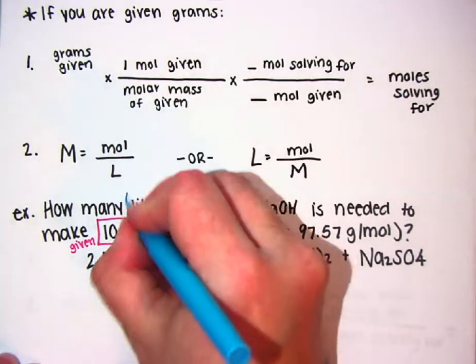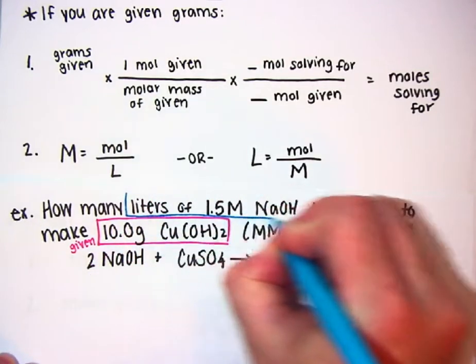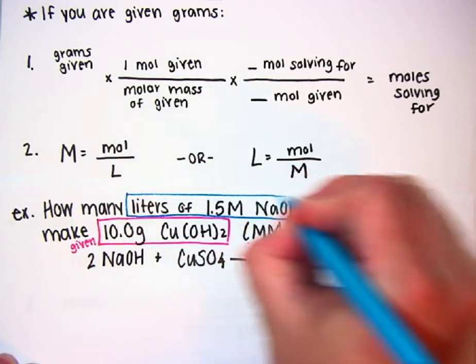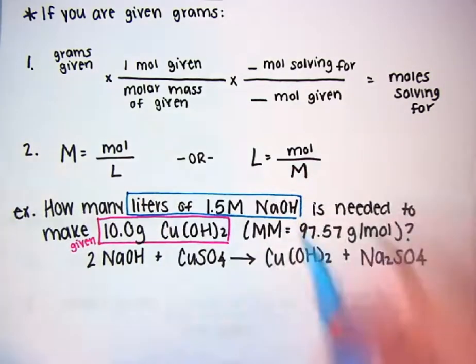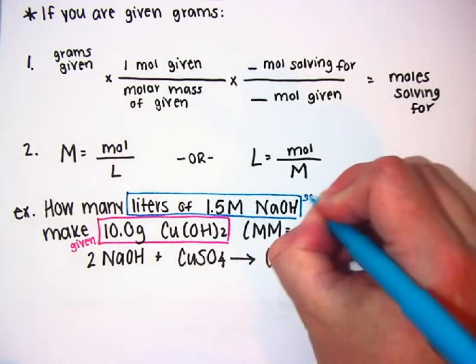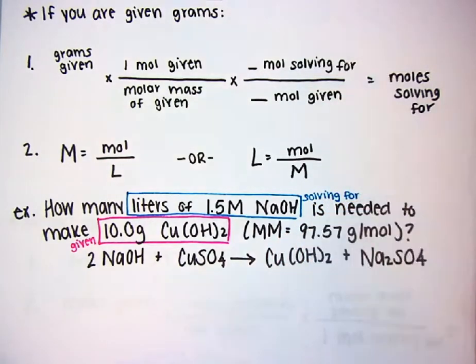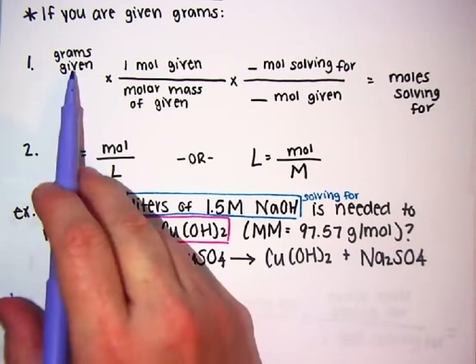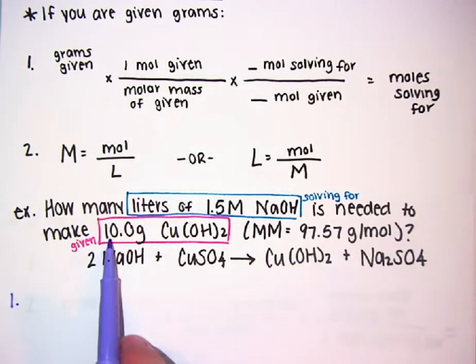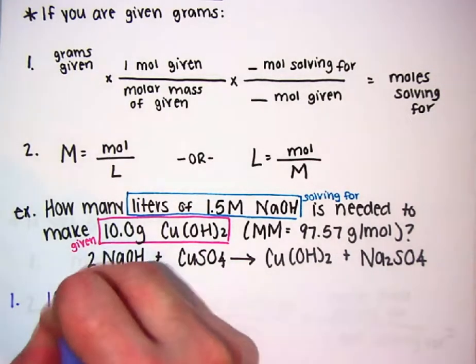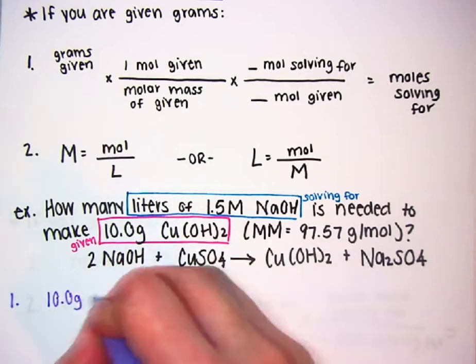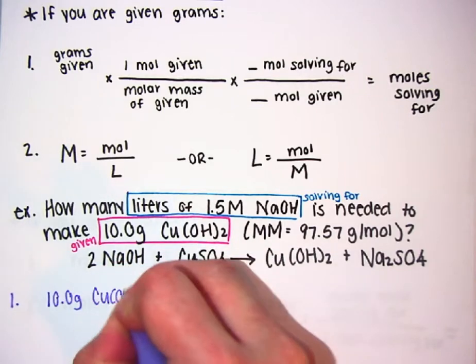We are solving for how many liters of 1.5 molar sodium hydroxide is needed. So this is what we're solving for. So let's follow our roadmap. Step 1, start with grams of the given. My given is 10.0 grams copper 2 hydroxide.